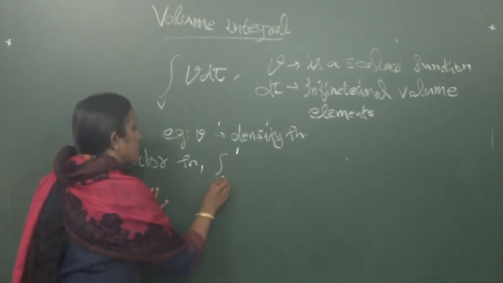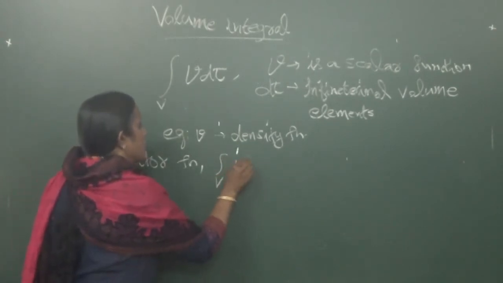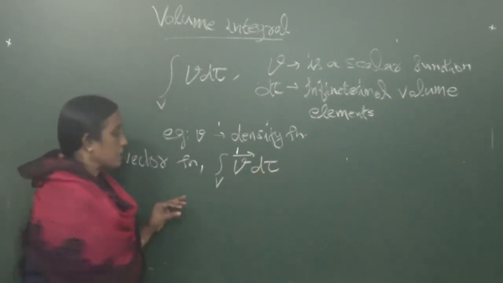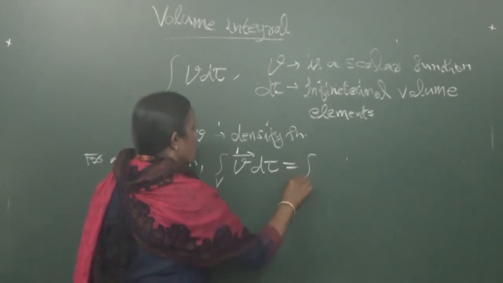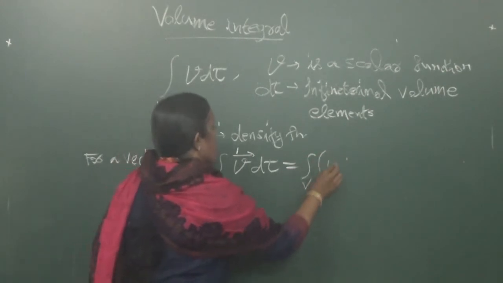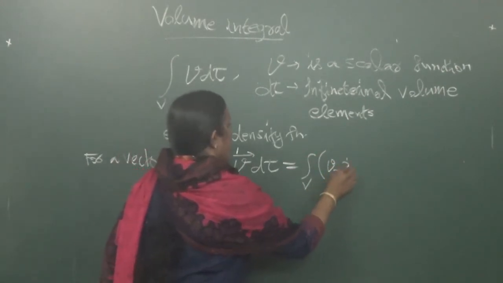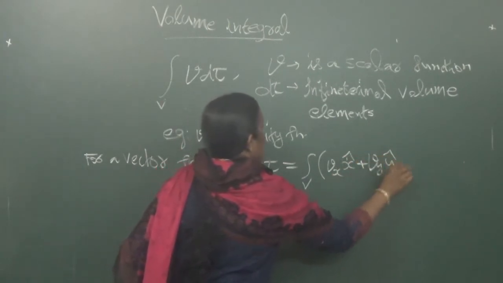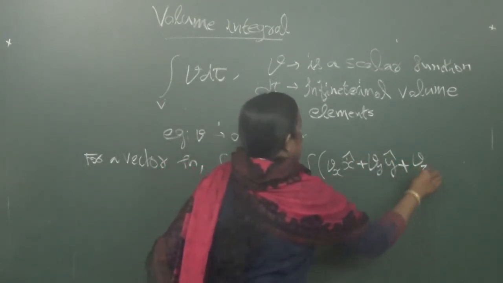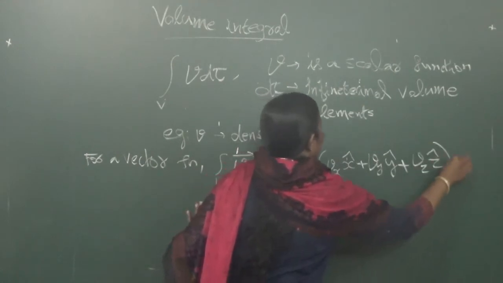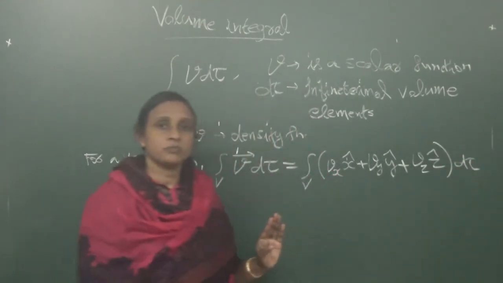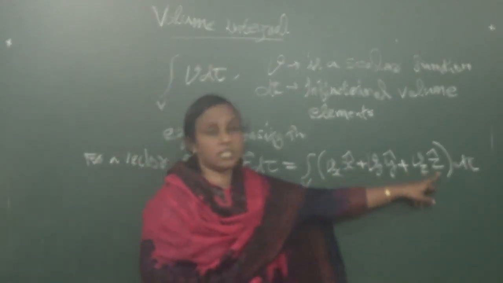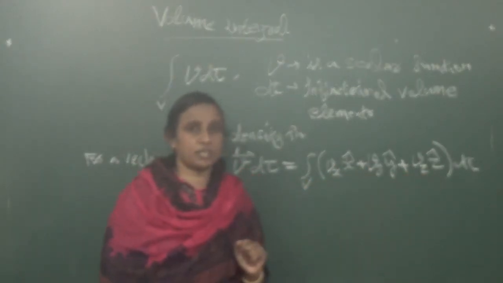The volume integral of vector V dτ is equal to the volume integral of (Vx x̂ + Vy ŷ + Vz ẑ) dτ. Here x̂, ŷ, ẑ are unit vectors.